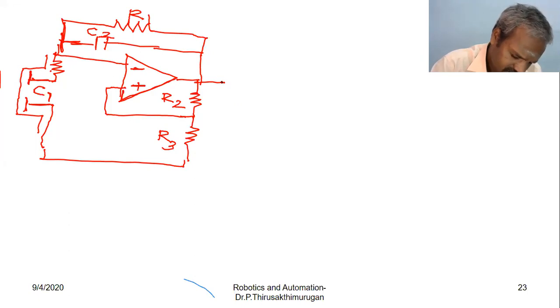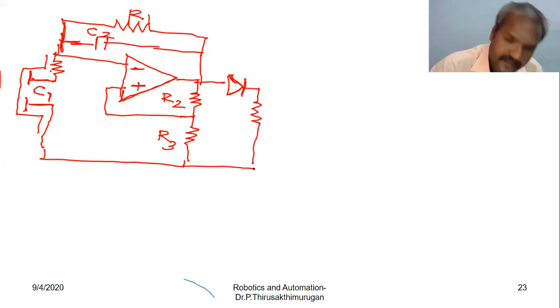What is the next stage? The demodulator stage, with a diode, a resistor and a capacitor. Understand?